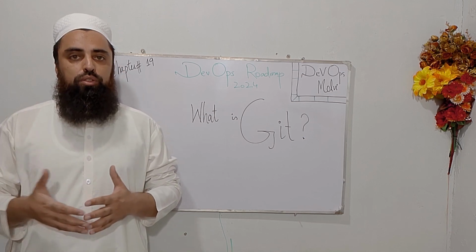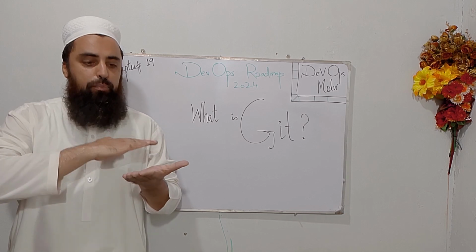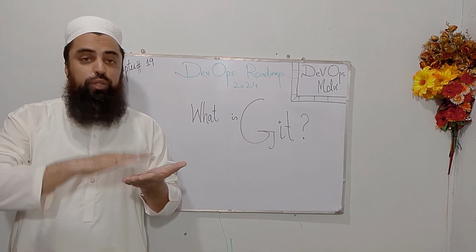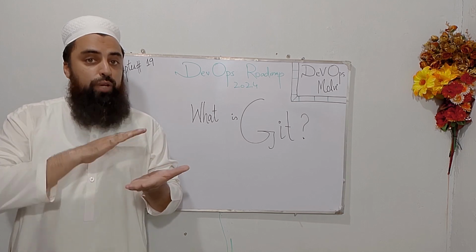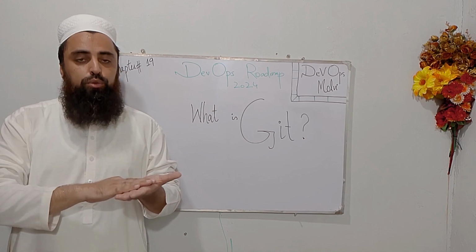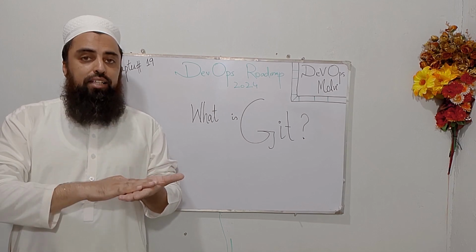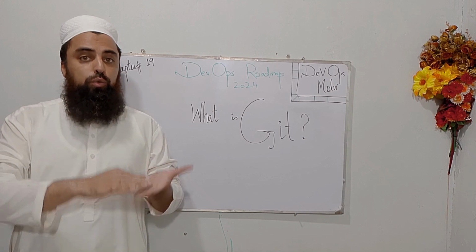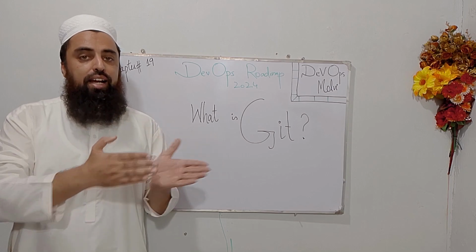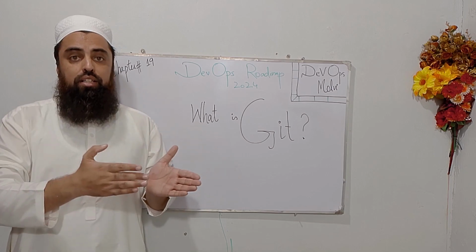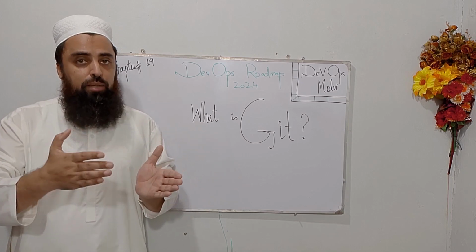So I'm sure that now you have a clear path of how we are moving along with DevOps tools. We have prepared our base, which is Linux operating system. We have been working on Ubuntu. After that, we are able to work with Linux CLI, and then we ran 70 plus Linux commands.